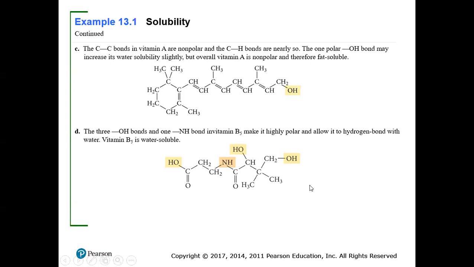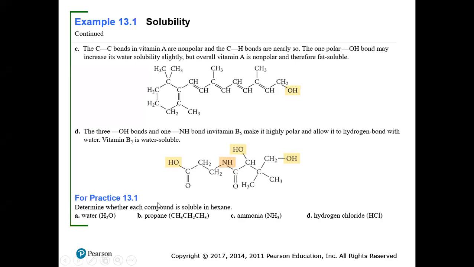And then here we have our last example of a vitamin. Again highlighted, we have multiple groups that are polar and that can hydrogen bond with the water. So this has a lot of places where the water can attach to it or be attracted to it, making this vitamin mostly water soluble. So for a little more practice, this asks whether each compound is soluble in hexane.